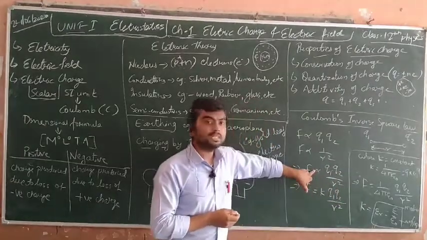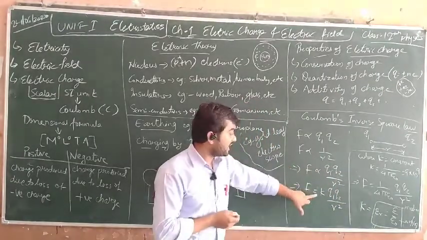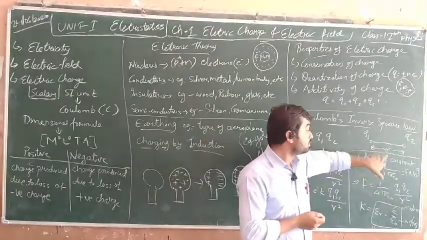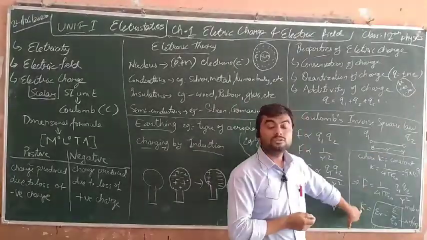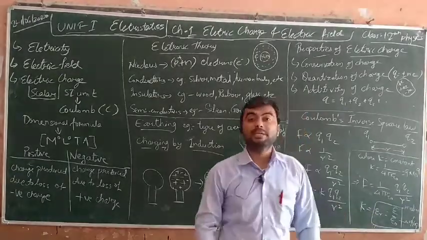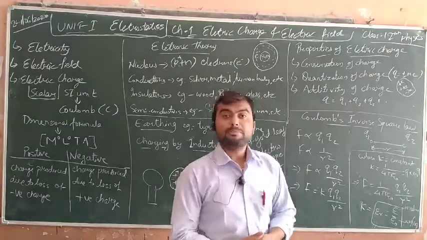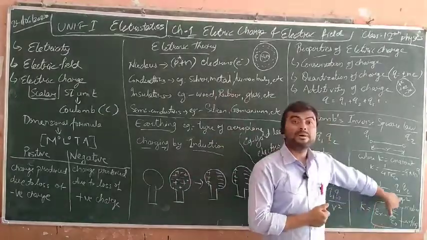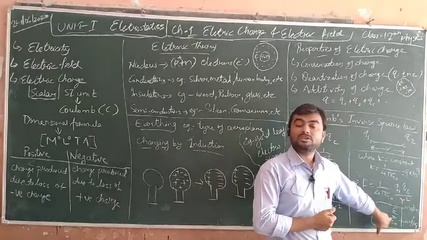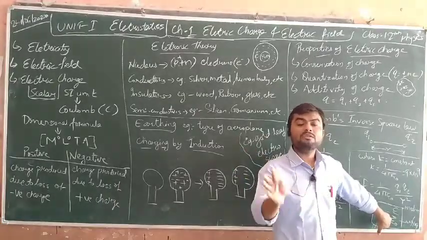Now after removing the proportionality symbol, we get k. K is a proportionality constant. Its value is denoted by relative permittivity. The relative permittivity is the ratio of the permittivity of any medium divided by the permittivity of free space or air or vacuum.